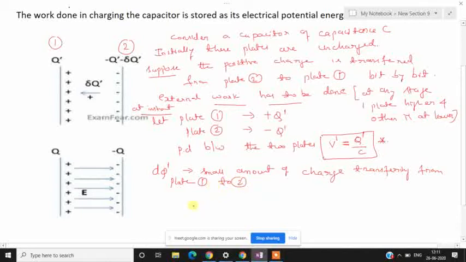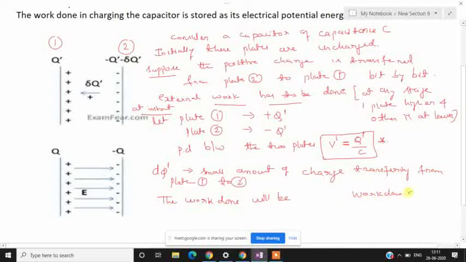What will be that small work done? What is the expression of work done in terms of potential difference and charge? You learned this: V dq dash. Yes.